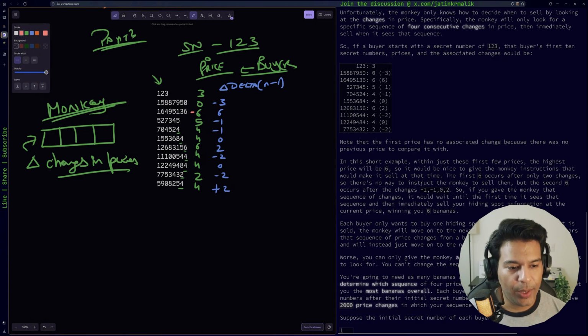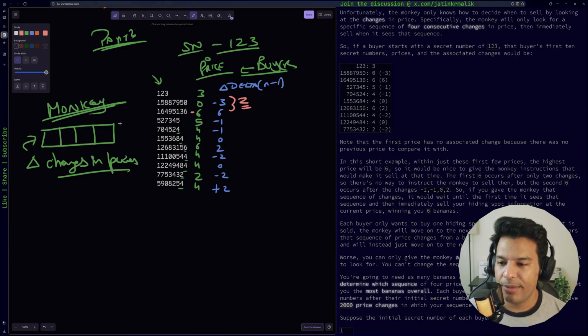So there is no way to instruct the monkey to sell then. Oh, so we cannot sell this because there are only 2 changes that have happened. But if you look here, the monkey needs 4 instructions. So they basically need A, B, C, D. And when they see all 4 instructions together in a sequence, it will sell on the 4th instruction.